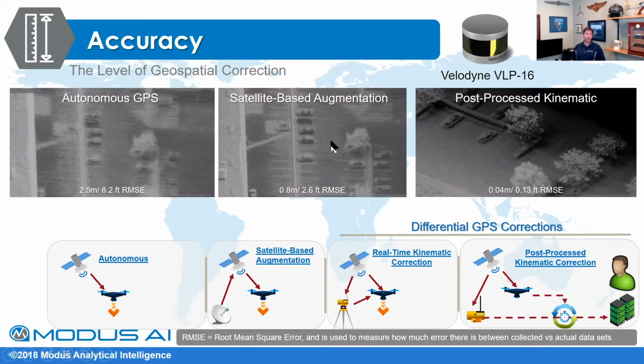And then the last bit, and the last real option that you have, is differential GPS correction. And again, for those that aren't really familiar, we have real-time kinematic correction, where you still have satellite-based augmentation systems, but you're now adding another layer in real time of a base station with a telemetry or a radio unit.